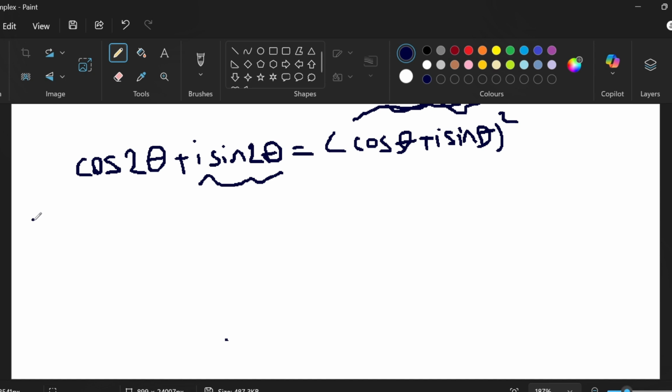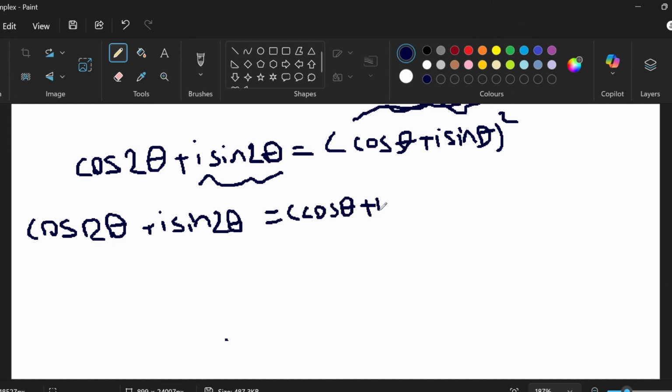So for my next line, I'm going to have that cos 2 theta plus i sine 2 theta is equal to cosine theta plus i sine theta times cosine theta plus i sine theta.